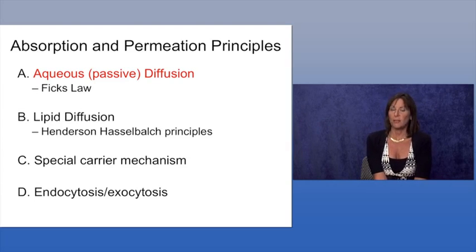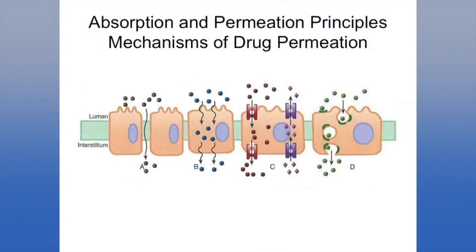The third is that there may be a specific carrier mechanism. We mentioned this previously in regards to carrier mechanisms for taking drugs across the GI tract. And then finally is the idea of endocytosis and exocytosis. And the best way for me to explain this is actually to show you a picture. So let's look at these four mechanisms.